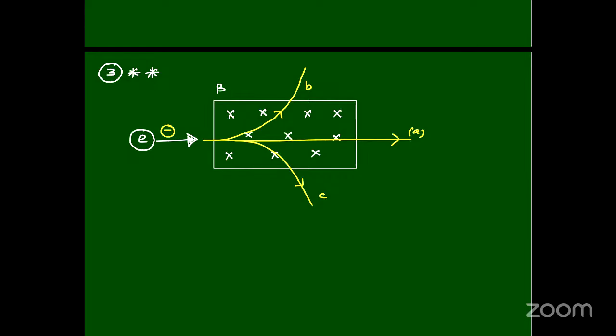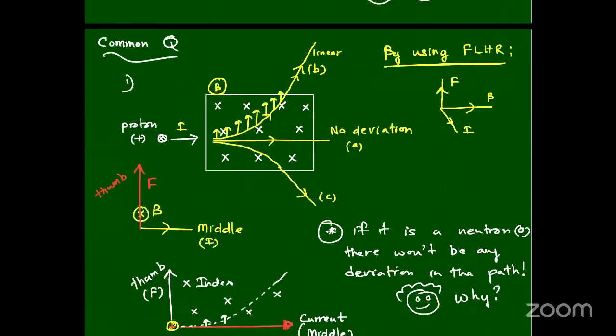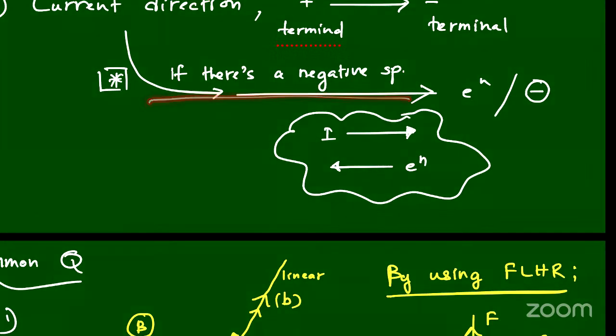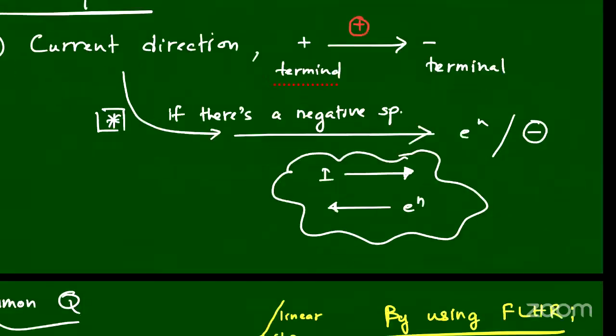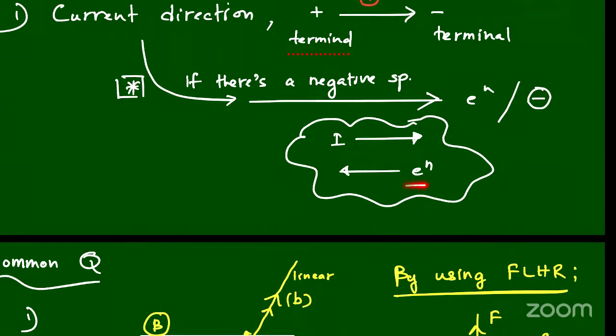Okay, so here we'll discuss how the direction occurs. This is a negative particle, and that is an important thing, right? Here I have given a negative species, like an electron or any sort of negative species. If the movement is from right to left, then the current direction is opposite to it, right?